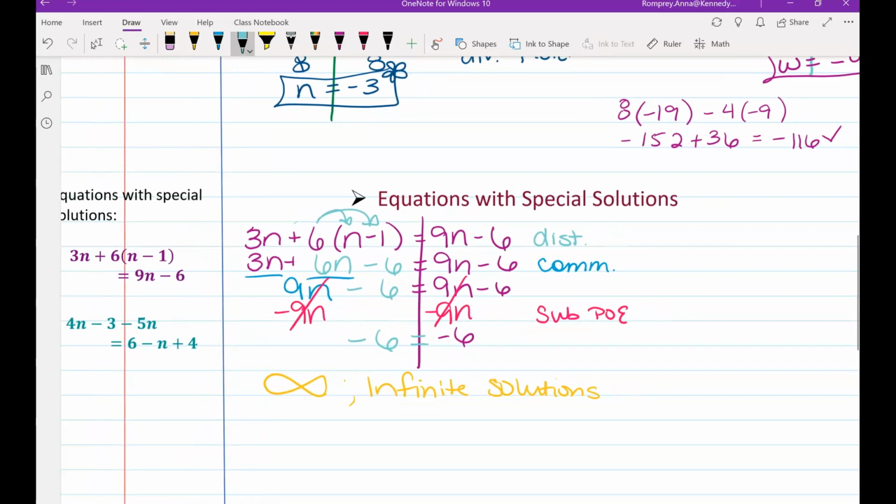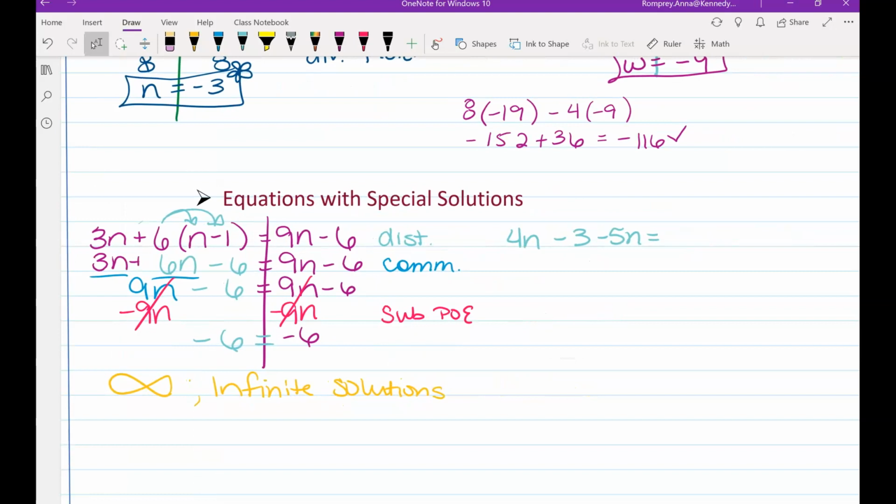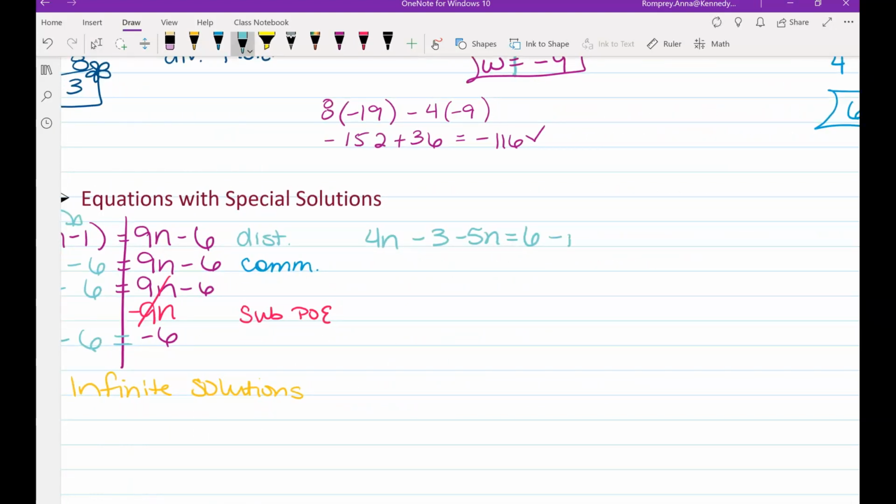All right, now there's another funky one that has a special solution. So let's look at 4n minus 3 minus 5n equals 6 minus n plus 4. I don't see any parentheses, therefore I don't think there's anything to distribute.